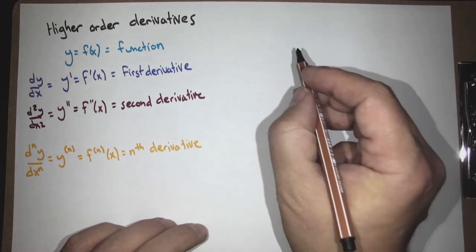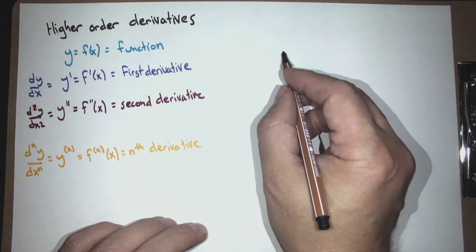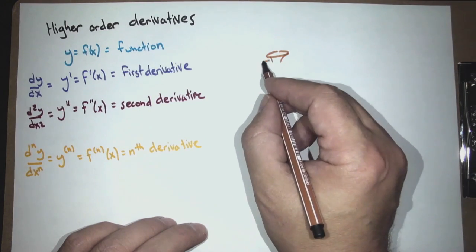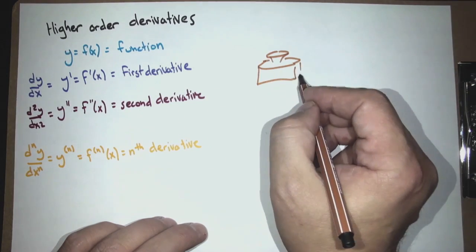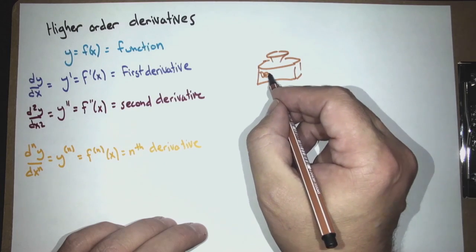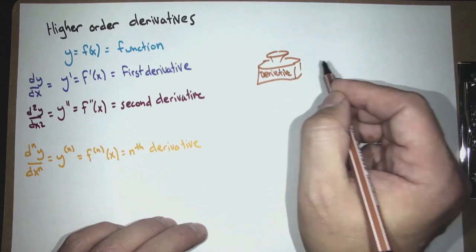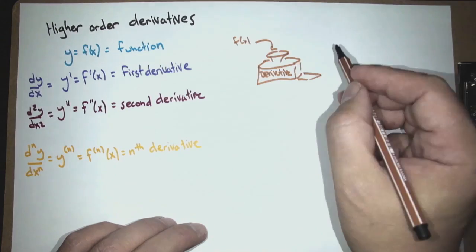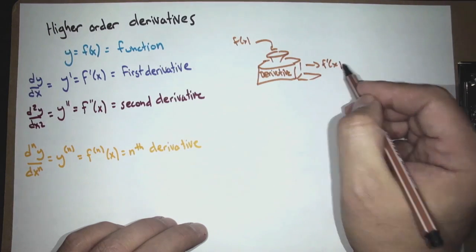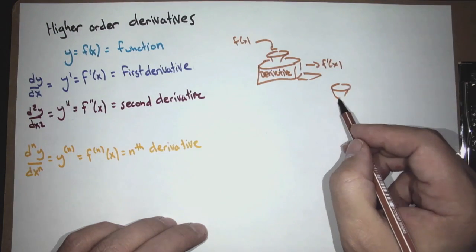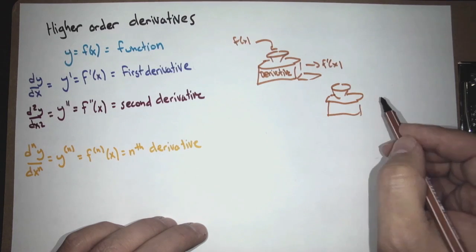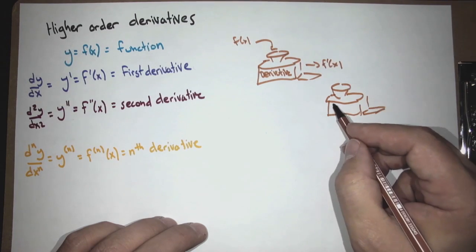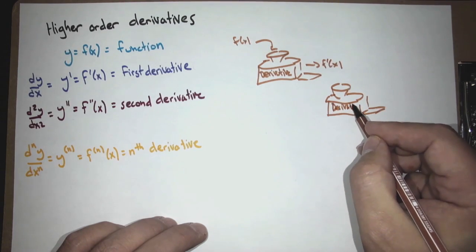What does that mean? I have this machinery called derivative, and I plug in f of x, out comes f prime of x. The second derivative says, hey, throw it back into the machine and have it do it again.